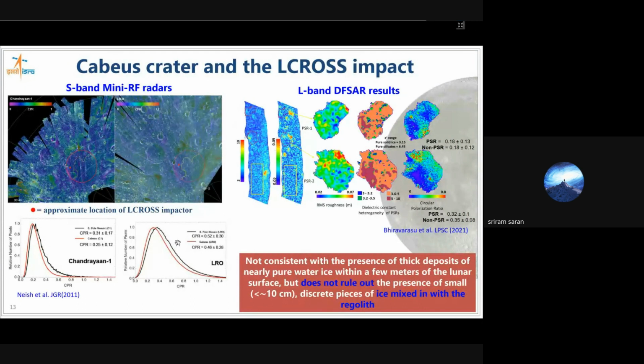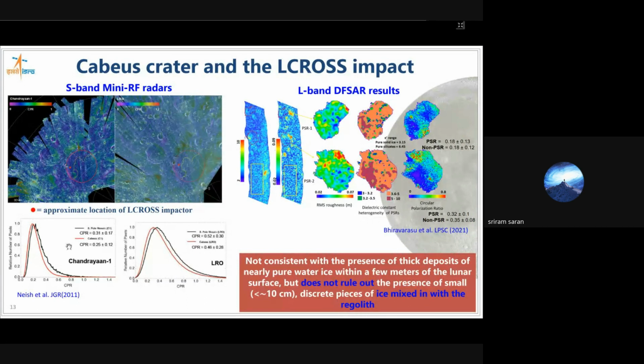So the Mini-RF team at the time used both the Chandrayaan-1 and LRO radars, and then observed the Cabeus surface both before the LCROSS impact and after this LCROSS impact.